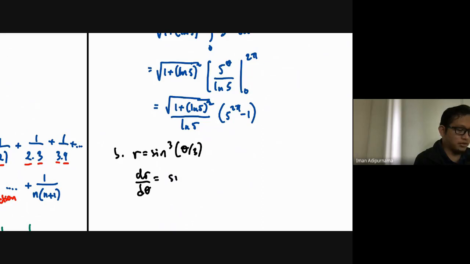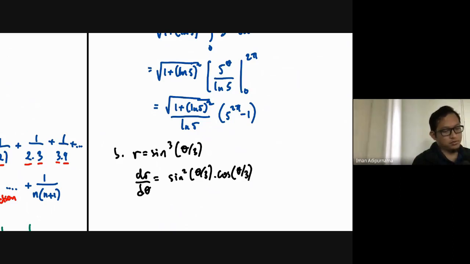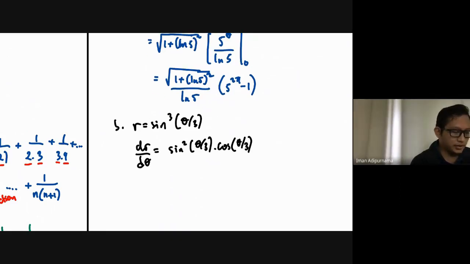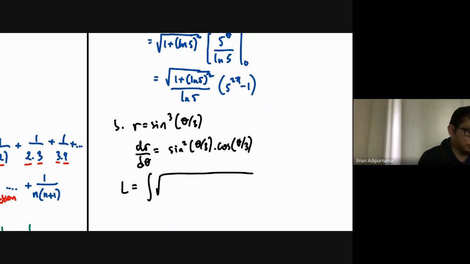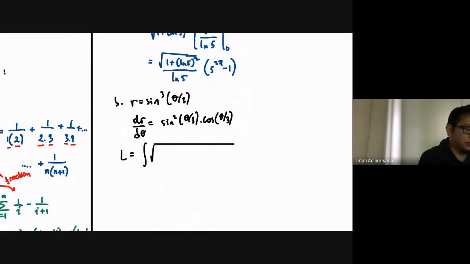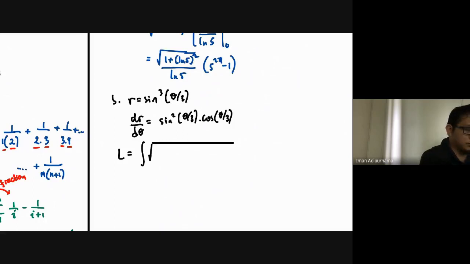So what will be sine squared, right? And then multiply with cos, this, right? And then, okay, I think I can just apply the formula. This seems long, but actually not really that hard.